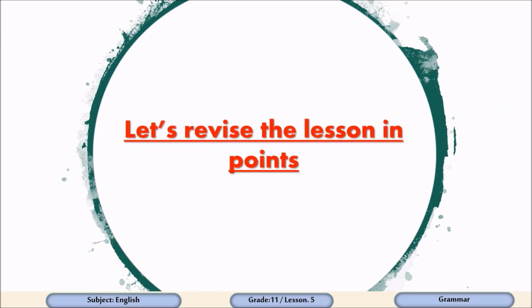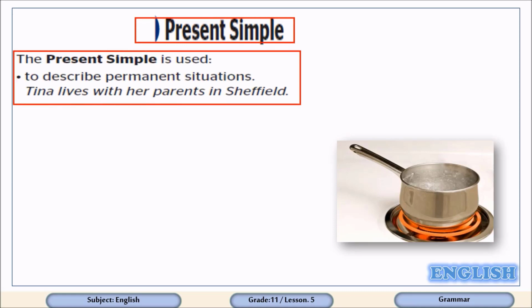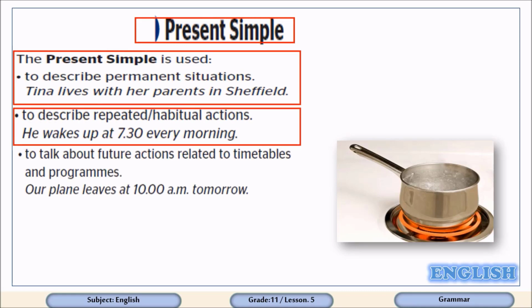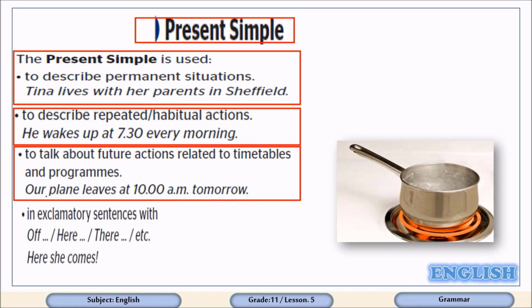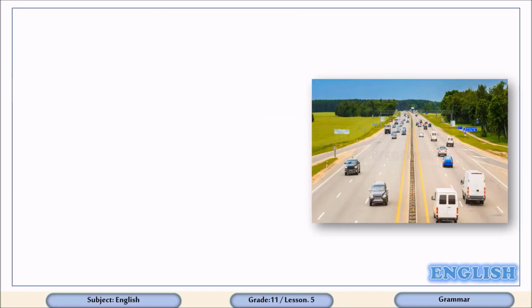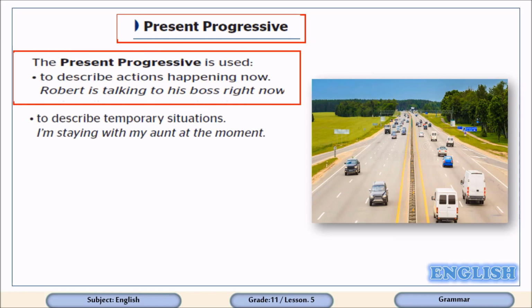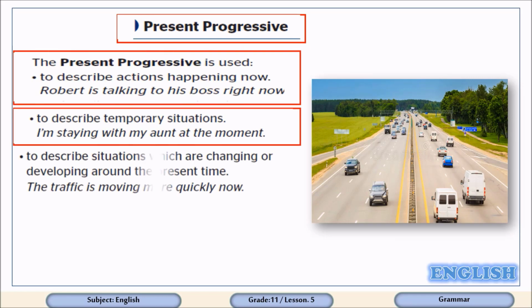Dear students, now let's revise the lesson in points. Here you can revise the present simple tense in simple points and examples. Now, here is the present progressive in short points and examples.